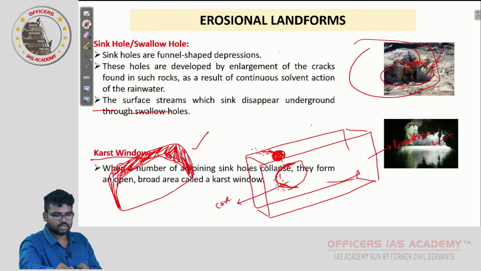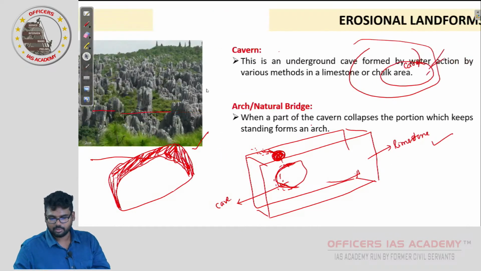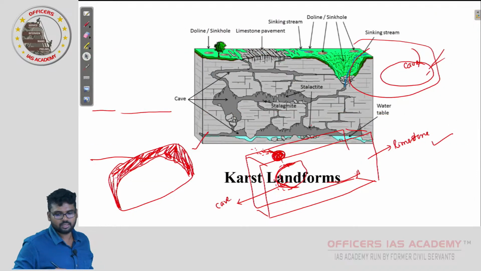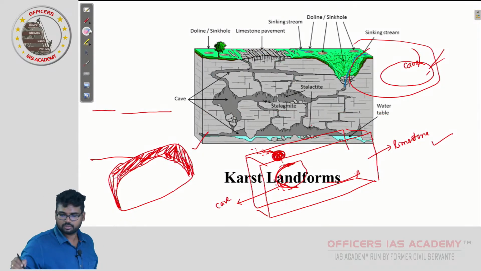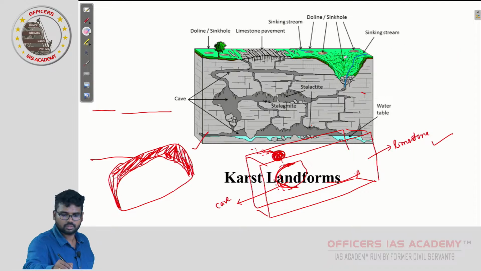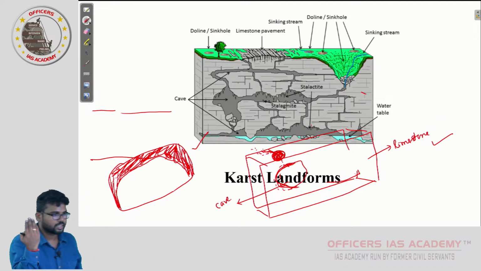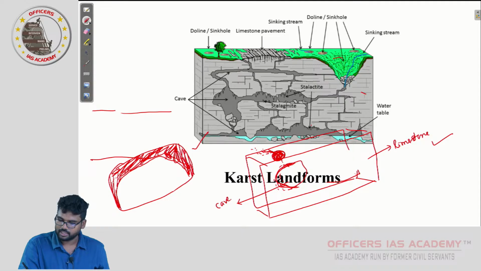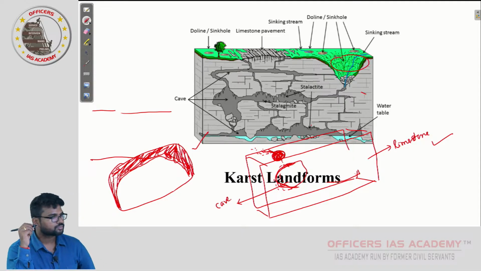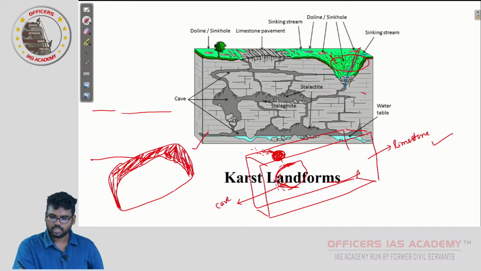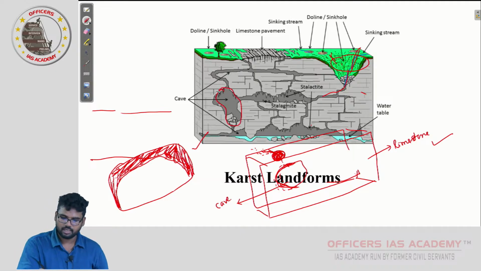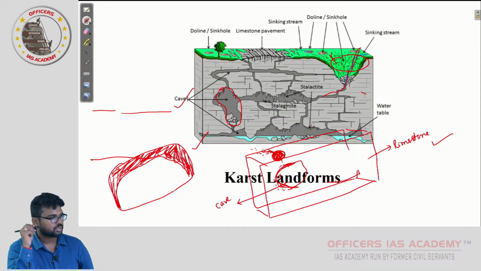See here you can look at the 3-dimensional one. In the very beginning I have given this. Here you can appreciate it, this is the front view of the 3-dimensional one. Here there is a sink hole where the water is sinking and going into the underground, and here it can create a big hollow which we call a cave.